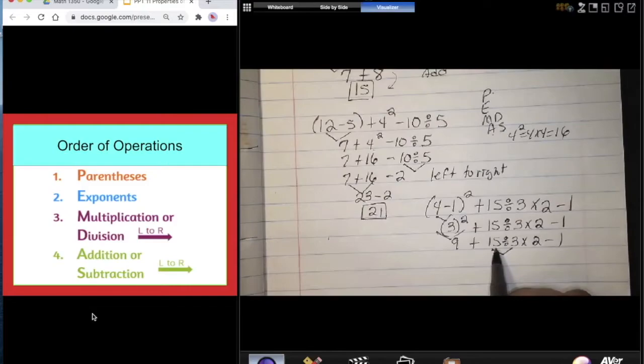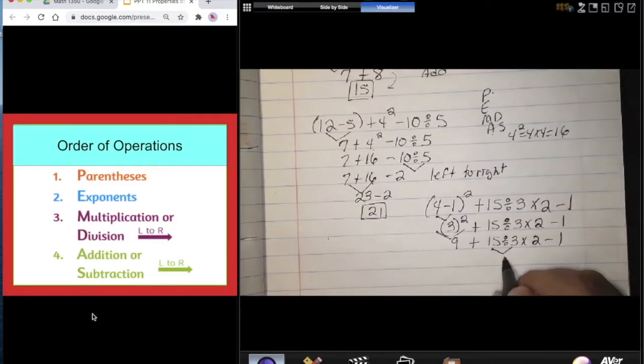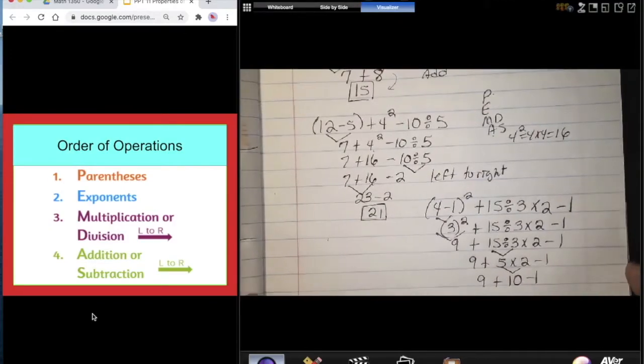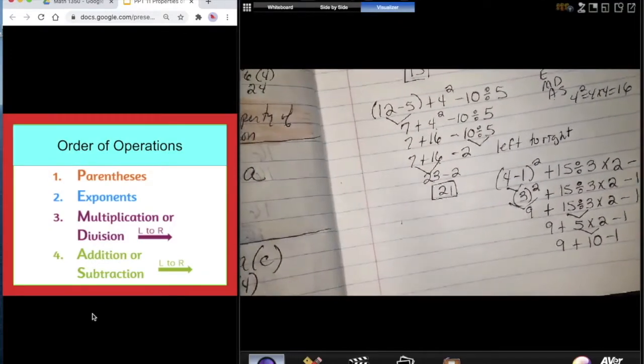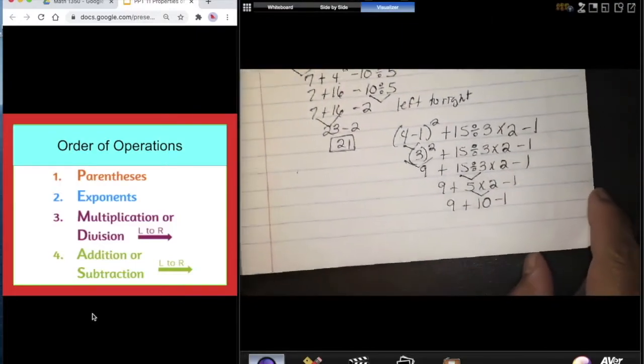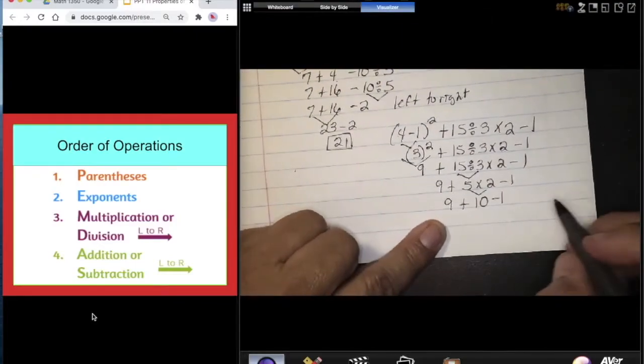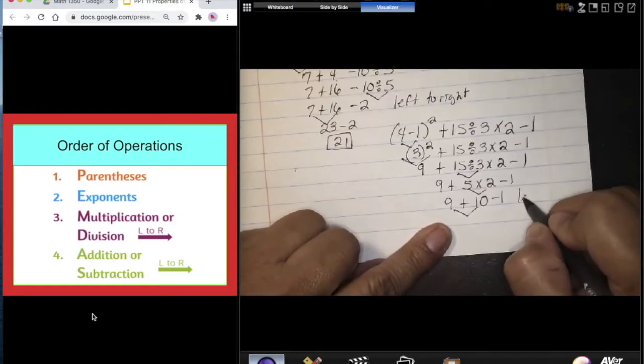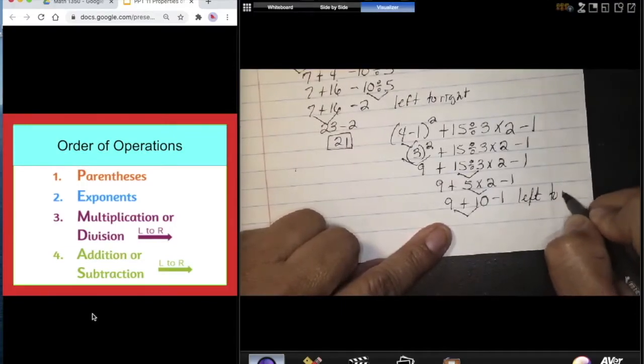And I'm not going to be in a hurry. I'm going to show my work step by step. Next, I'm going to multiply. The last thing we're going to do is add and subtract left to right. Let's make sure we emphasize that.